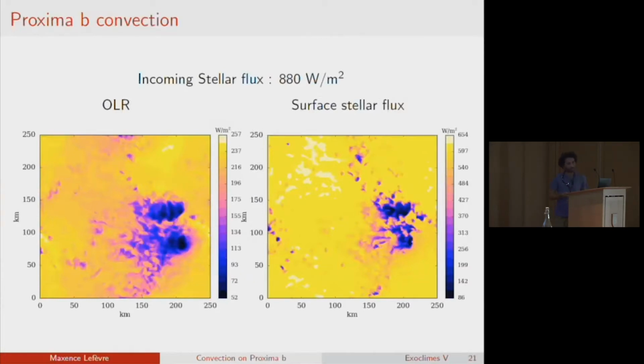On the left, this is the outgoing longwave flux, and on the right is the surface flux that reaches the surface, and we can see on the two fluxes the large cloud cluster that is formed by the convection.